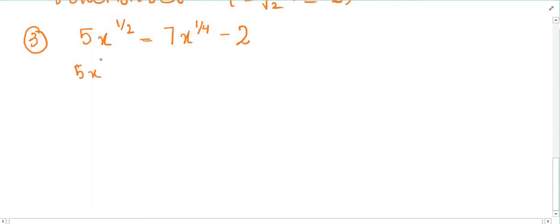First make it in general form: minus 7x^(1/4) plus 2, shift these two terms to the left. This becomes like this, and you will make a substitution. y equals x^(1/4). Clear? You will take this as a substitution.